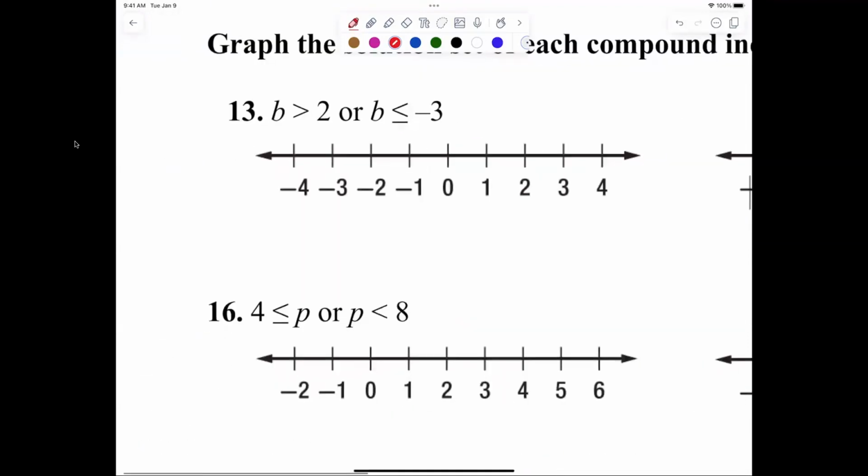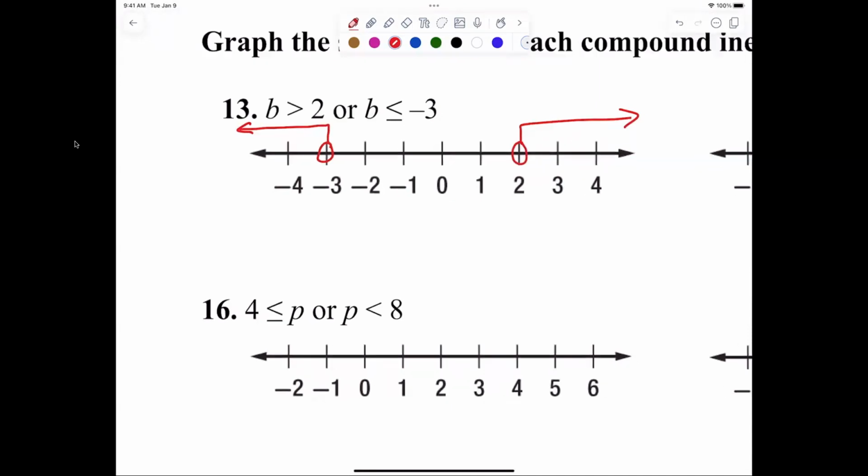Over here we're graphing B is greater than 2, and then it says B is less than -3. Why is this not an and statement? Can a number be greater than 2 and less than -3? That's not possible. So that's why this is an or statement.